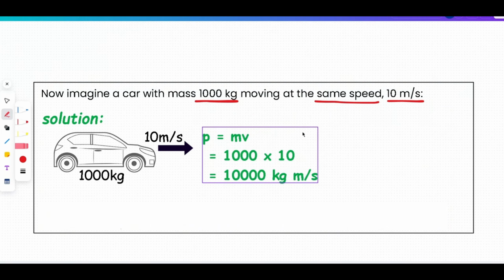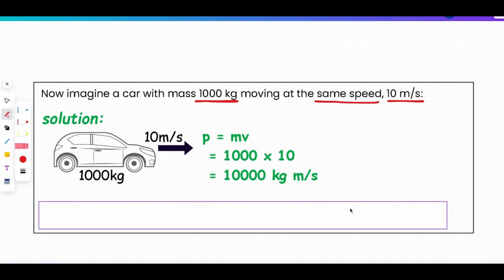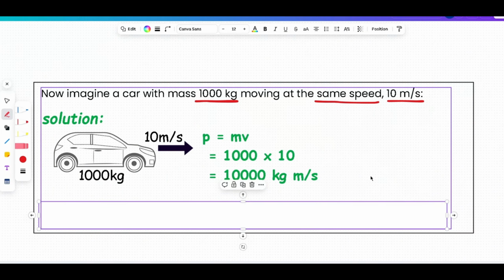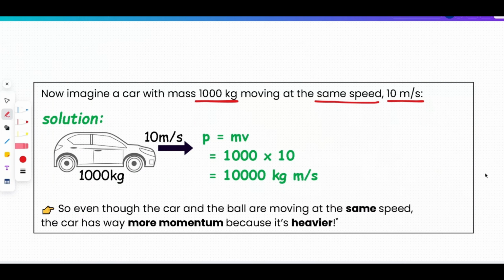Then use the formula P equals m times v again, put down the values, and you see that the momentum is 10,000 kg meters per second. So this shows that even though the speeds were the same, the momenta are not the same. This is because the car has a greater mass, and objects that are heavier have greater momentum.